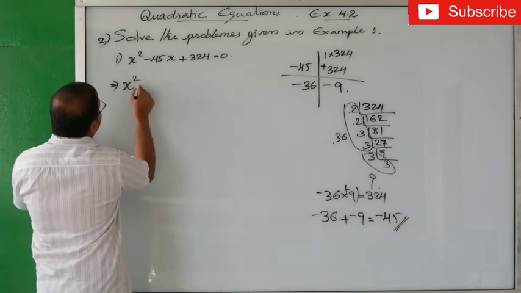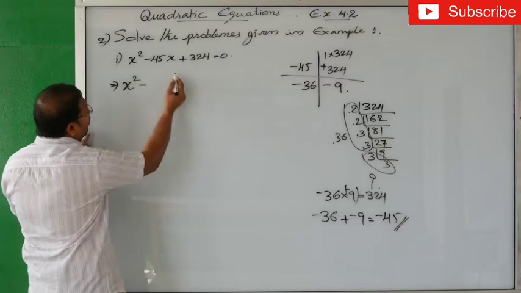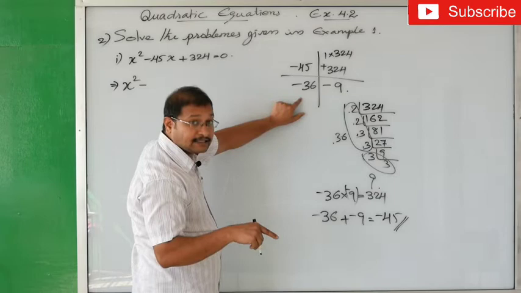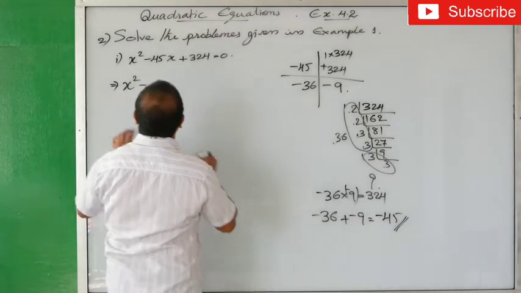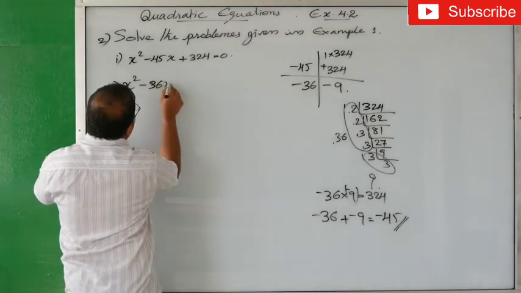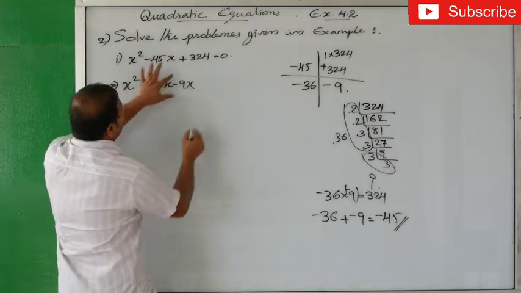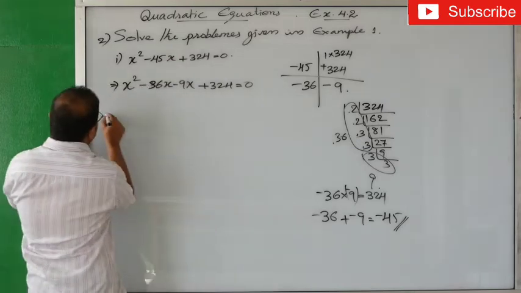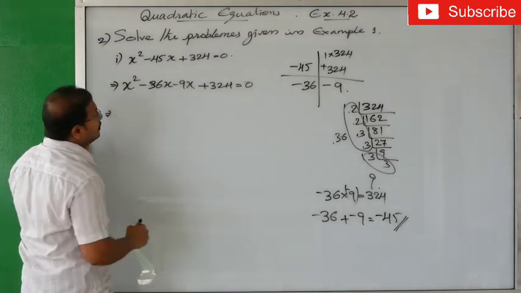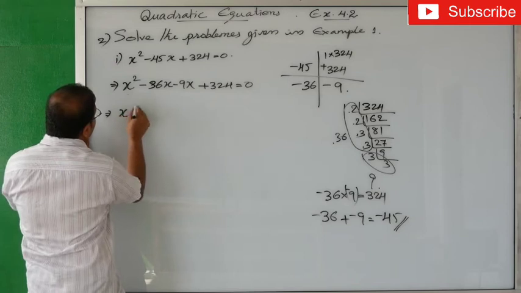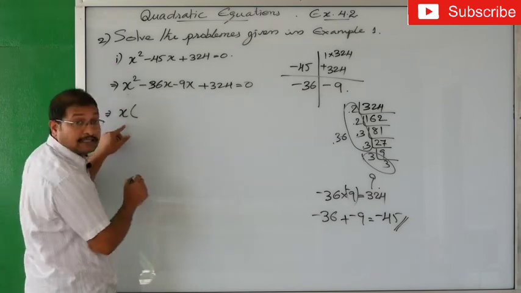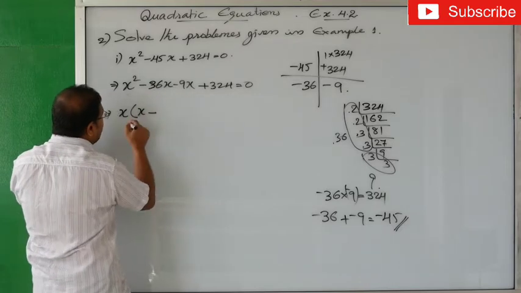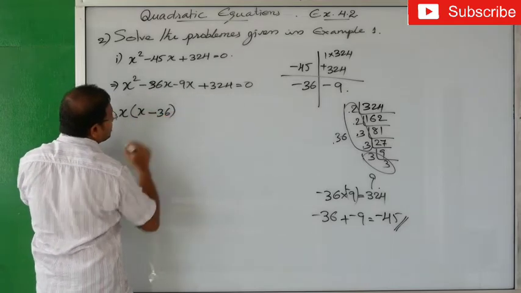X square minus, in place of 45x, what you can write? Minus 36x minus 9x, plus 324 equal to 0. This implies from these two terms we will take x common. Balance is from x square, if I take x outside, x minus 36x, x we took outside, balance will be 36.